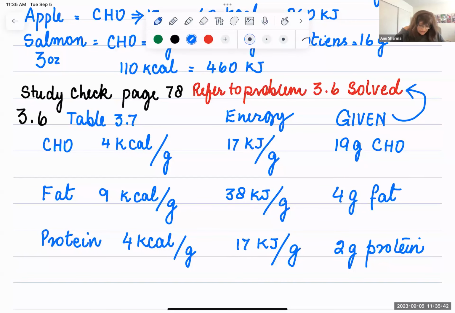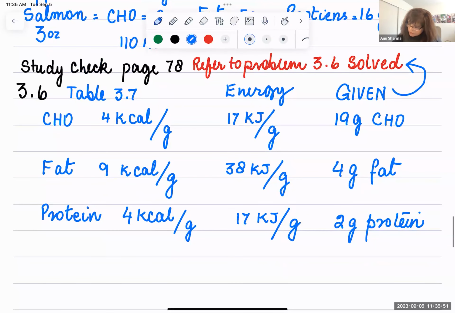What is the energy of each food type in kilojoules per gram? Very simple, first do the carbohydrates. We are given 19 grams of carbohydrates, multiplied by the value for 1 gram of carbohydrate.